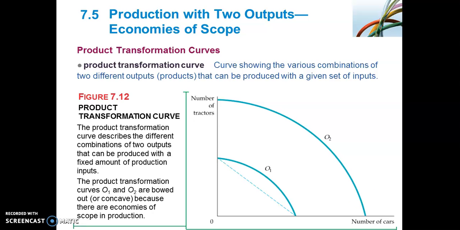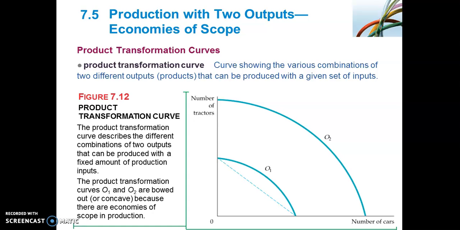If you also look at O1 versus O2, you know that at O1 we've got some combination of labor and capital that was used to produce these two outputs of tractors and cars. So there is some degree of inputs used to produce this output. But in order to go from O1 to O2, in this scenario, there is a doubling of inputs.